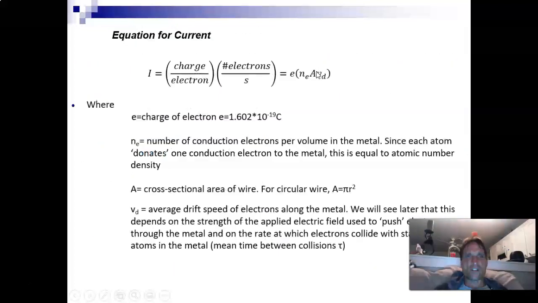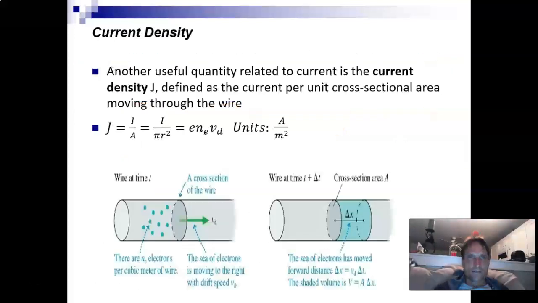If we take our expression for the current and divide by area, it's equal to the charge of the electron times the number of conducting electrons per volume, times Vd, the drift speed. This is a property of the metal, and the drift speed is a property of the metal and the electric field. So we've canceled out the effect of larger diameter. Current density is another way of describing the flow of electrons through a wire.